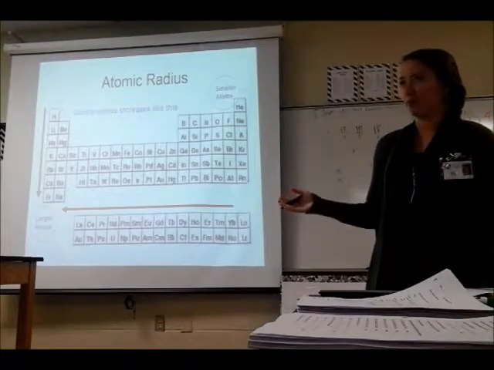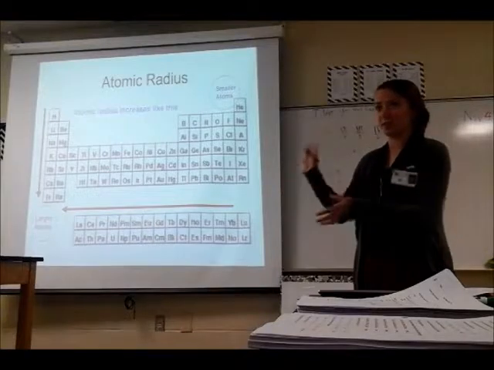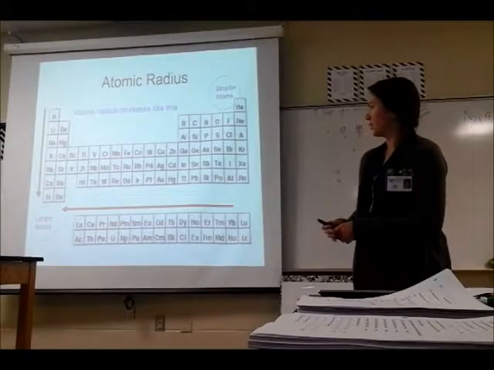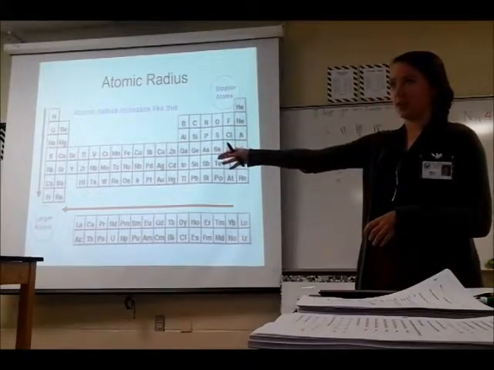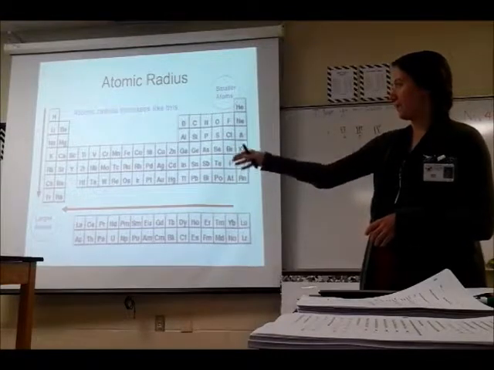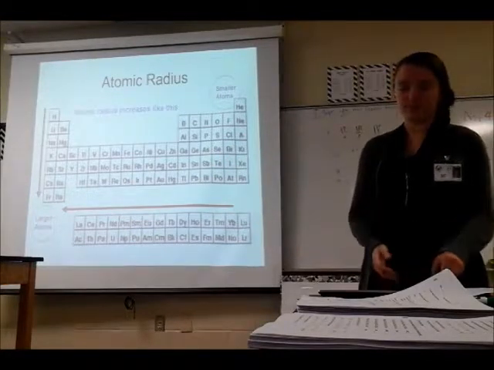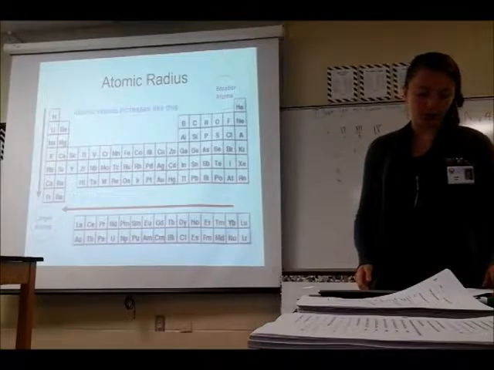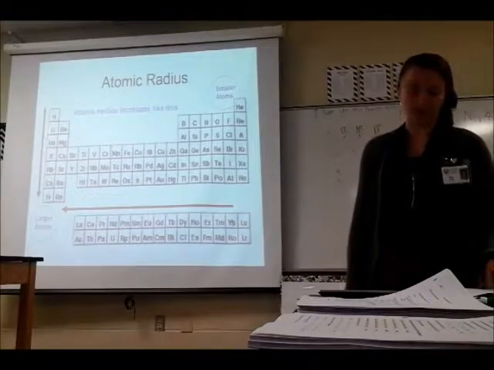And so on your table, this is the actual trend that you're going to see. They increase as we go to the left and down. So you'll want to draw your arrows on the table under there.